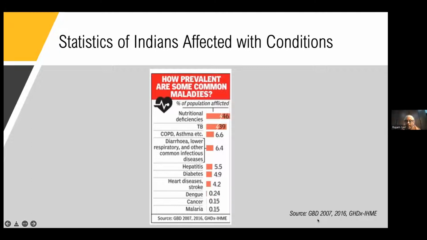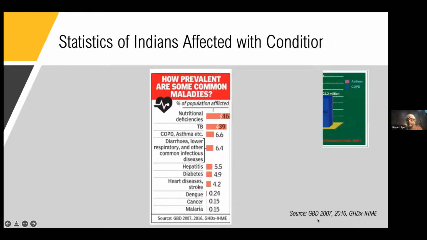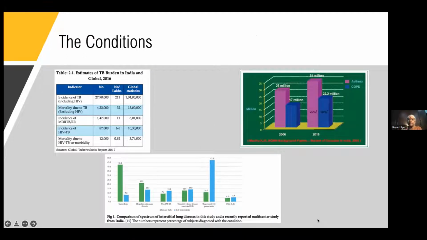The staggering number of Indians affected by these non-communicable diseases is high, and it is only increasing. Focusing on respiratory medicine, we are seeing more and more patients of drug-resistant, multi-drug resistant, and XDR tuberculosis, which equally need the significance, importance and attention of palliative care.